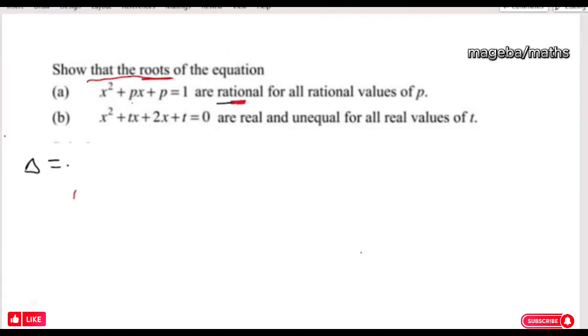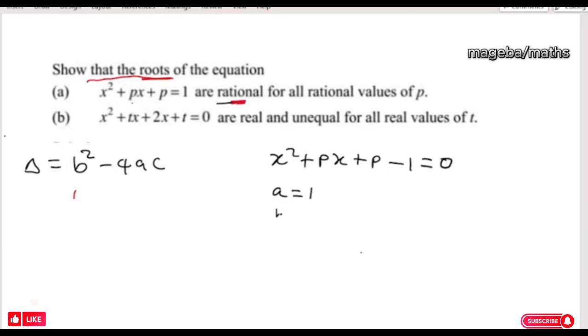Delta is equal to b squared minus 4ac. Now this thing that we have here is x squared plus px plus p. Take 1 to the other side, it's going to be minus 1 equals 0. Now our value of a here is going to be 1. Our value of b here is going to be p.